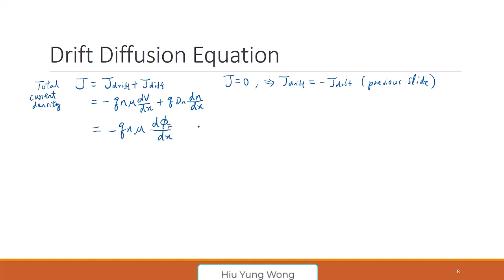We introduce a quantity called the quasi-Fermi level, q phi_f. This is not the real Fermi level, but it's the so-called quasi-Fermi level. The reason we could do this is by using the Einstein relationship.